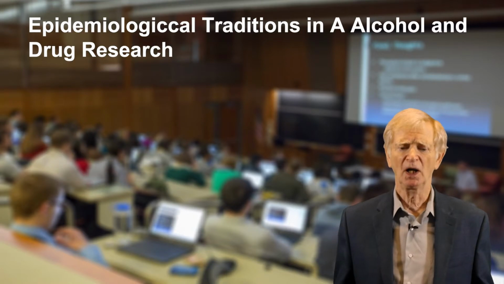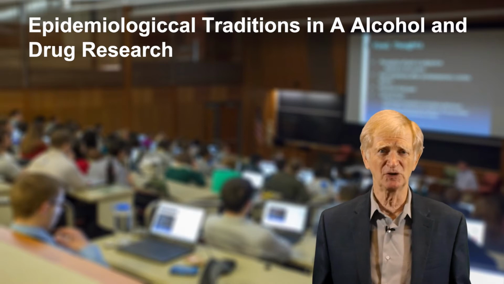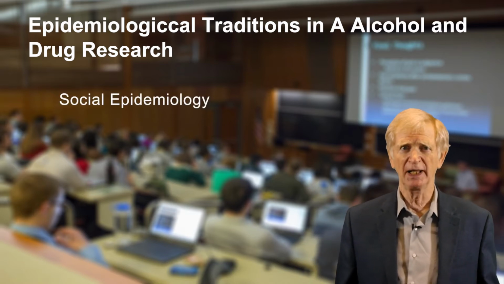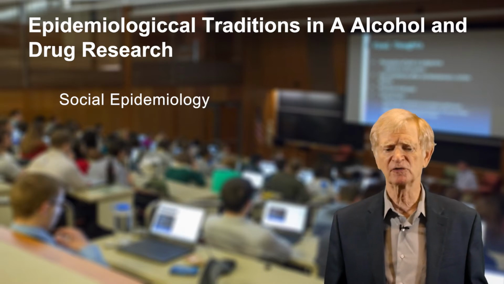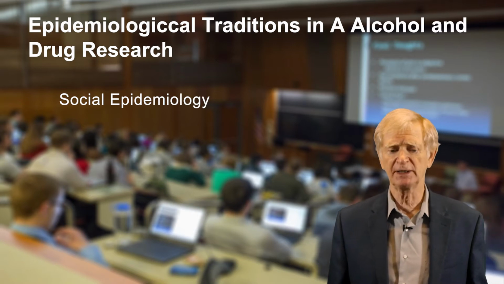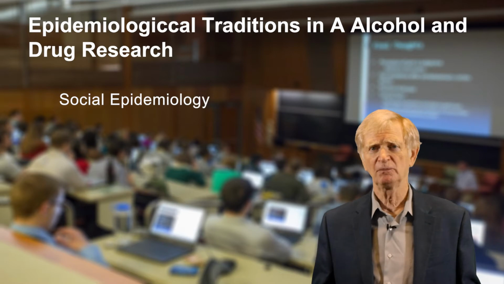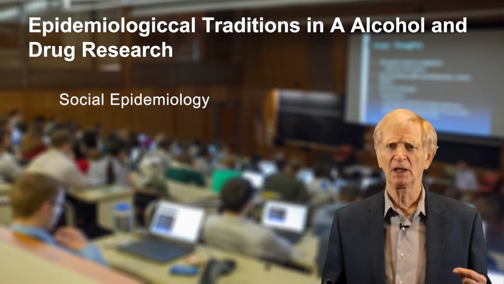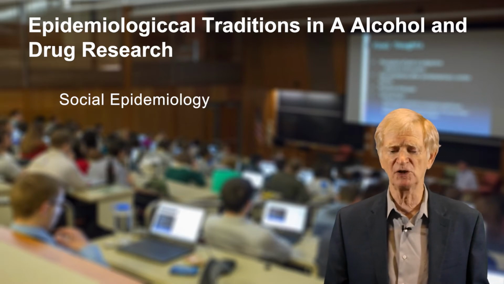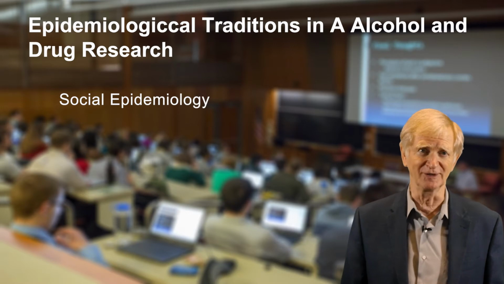There are a number of different traditions that alcohol and drug epidemiology borrows from. The first one is social epidemiology, and that's usually characterized by survey studies of large population groups to find out who's using different types of substances and what patterns of use there are in terms of using a substance to intoxication or for recreational purposes and what problems are experienced.